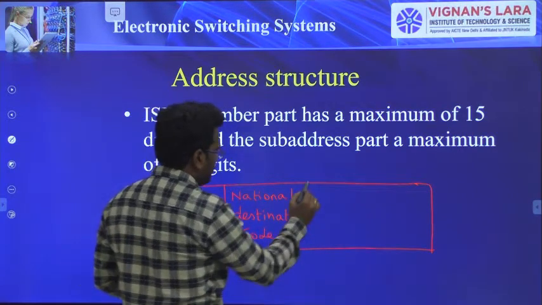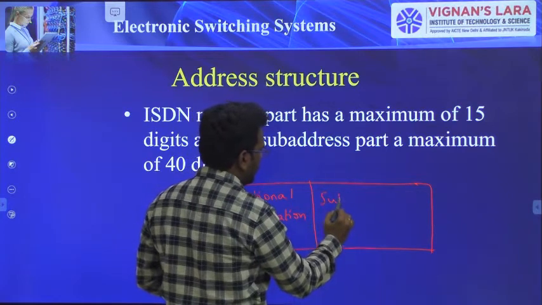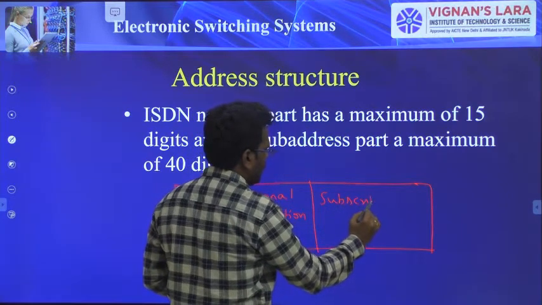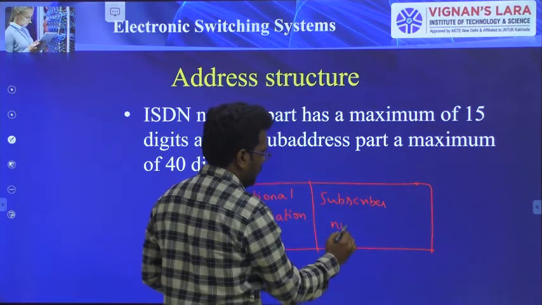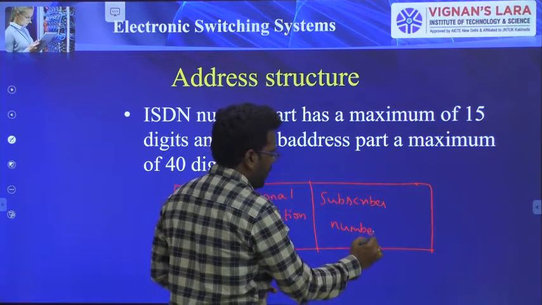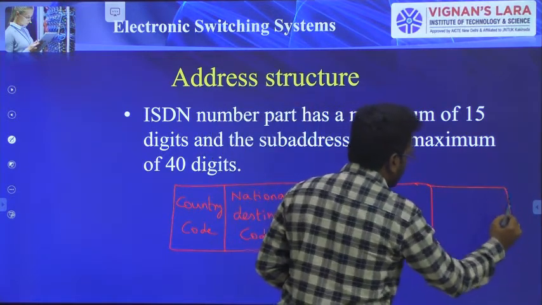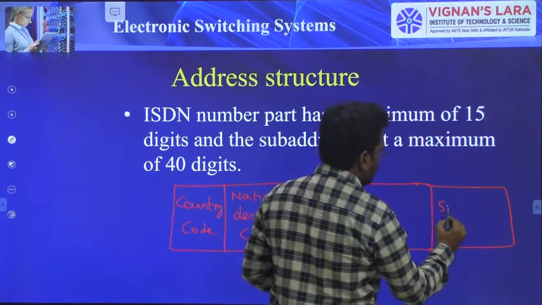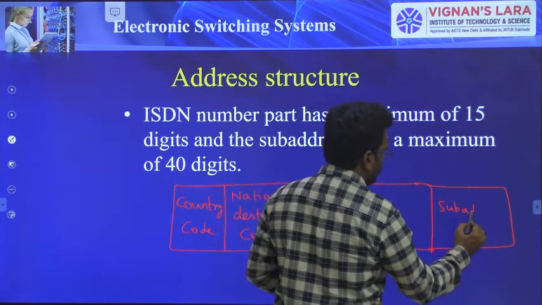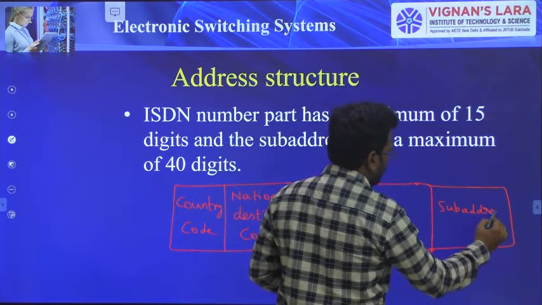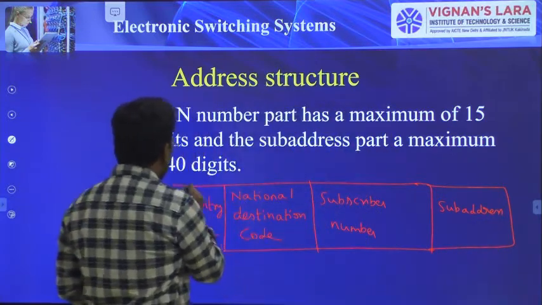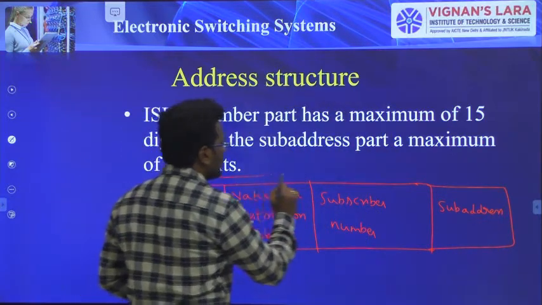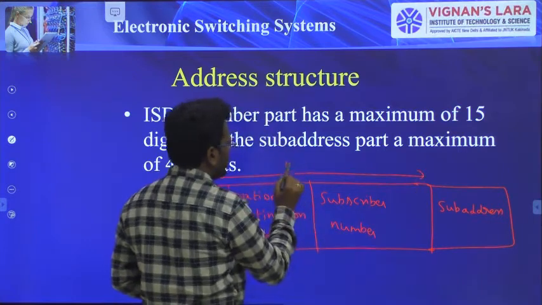Next one is the subscriber number. And the last one is the sub address. So totally the length of this number is 15 digits.